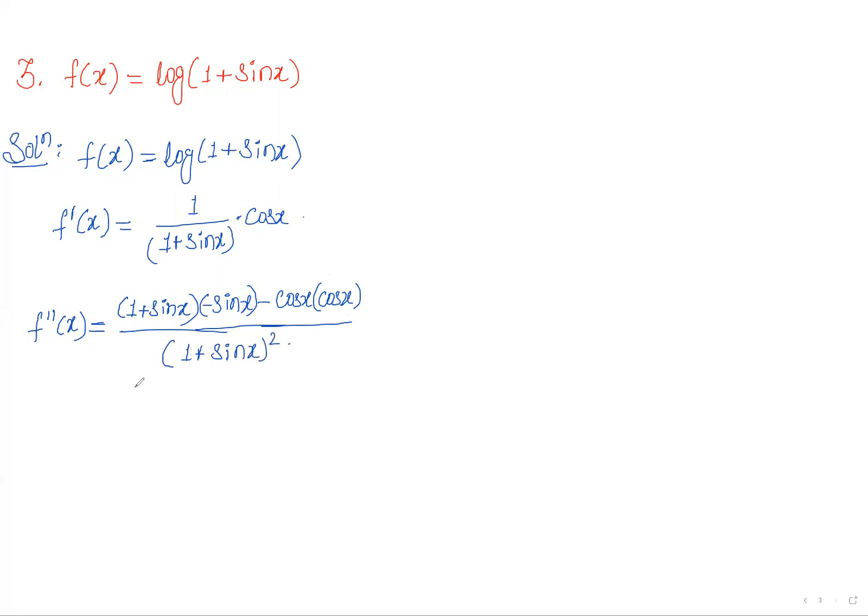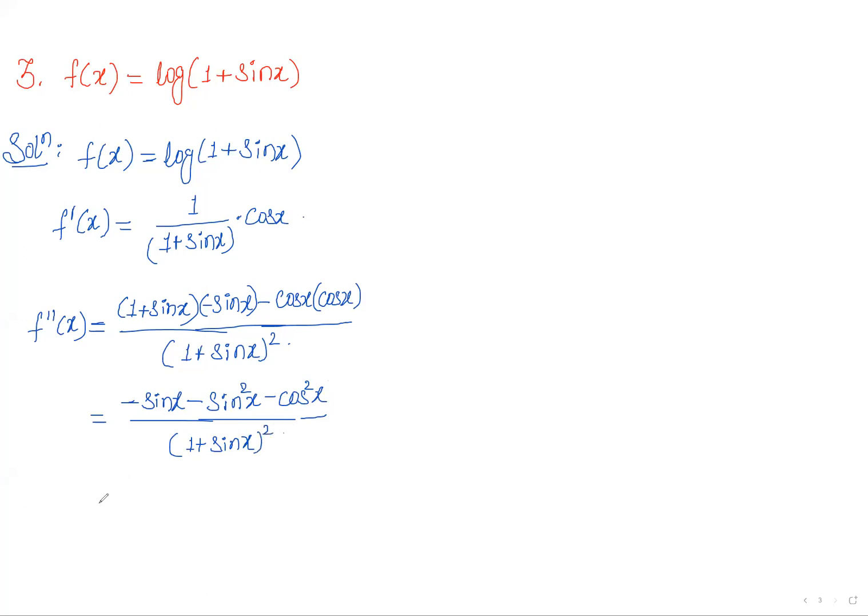Okay. Now we are going to simplify this term. First, we are taking the multiplication of these two brackets. It is minus sin x minus sin square x minus cos square x, divided by 1 plus sin x bracket square.